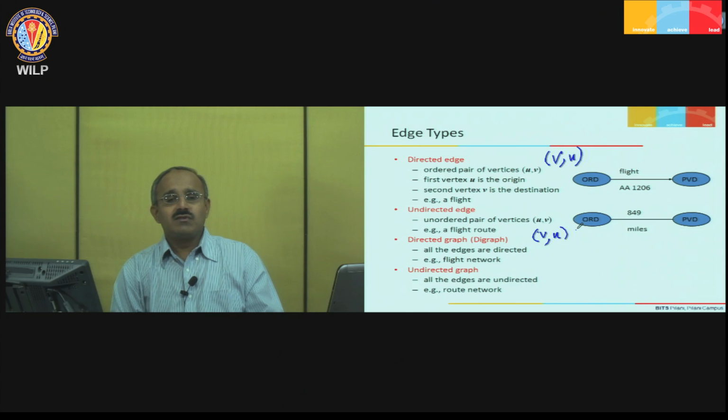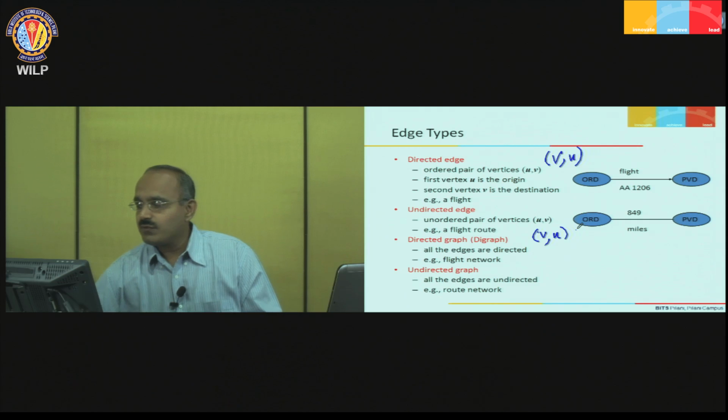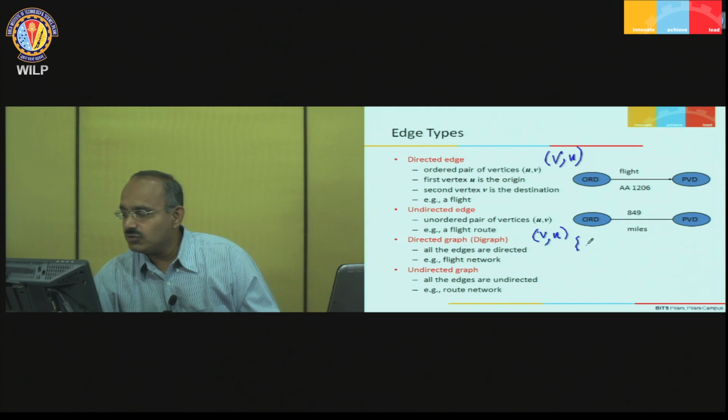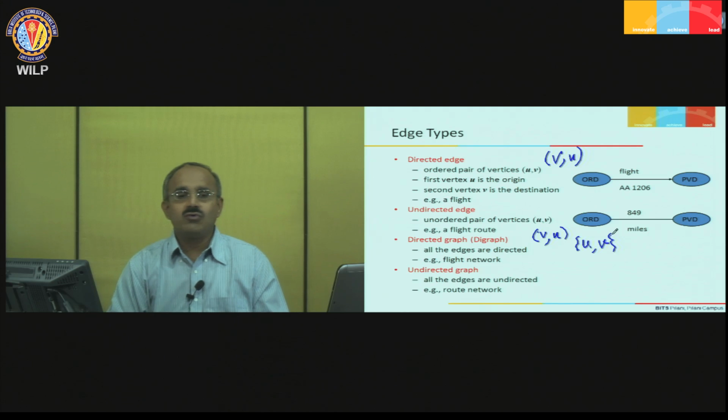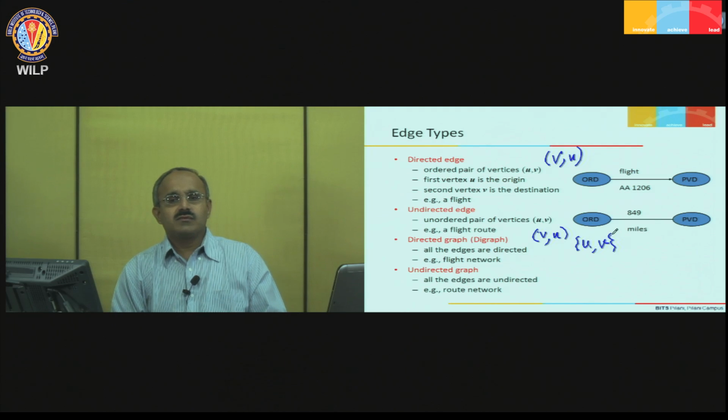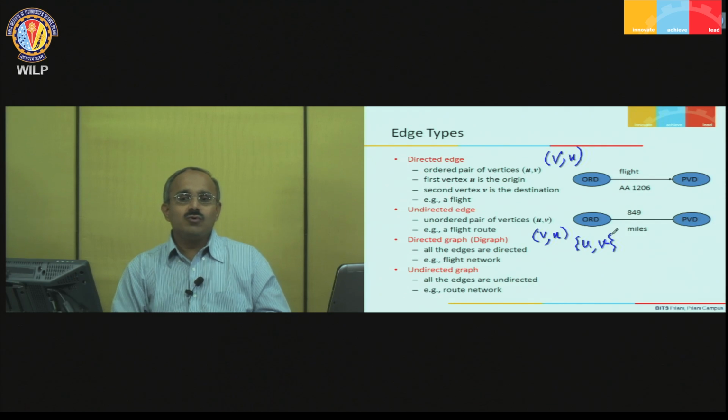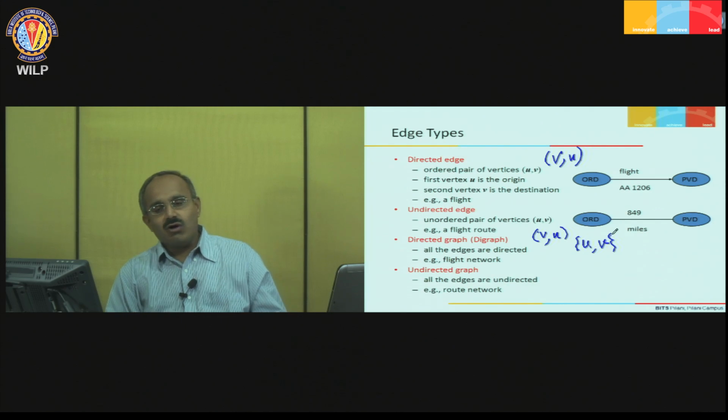So, many times, to avoid confusion, a set notation is used for showing this. Instead of writing round brackets, you use curly brackets. So, either you can say it is an undirected edge and understand that u v is an unordered pair, or represent it with the set notation and put them in curly brackets.